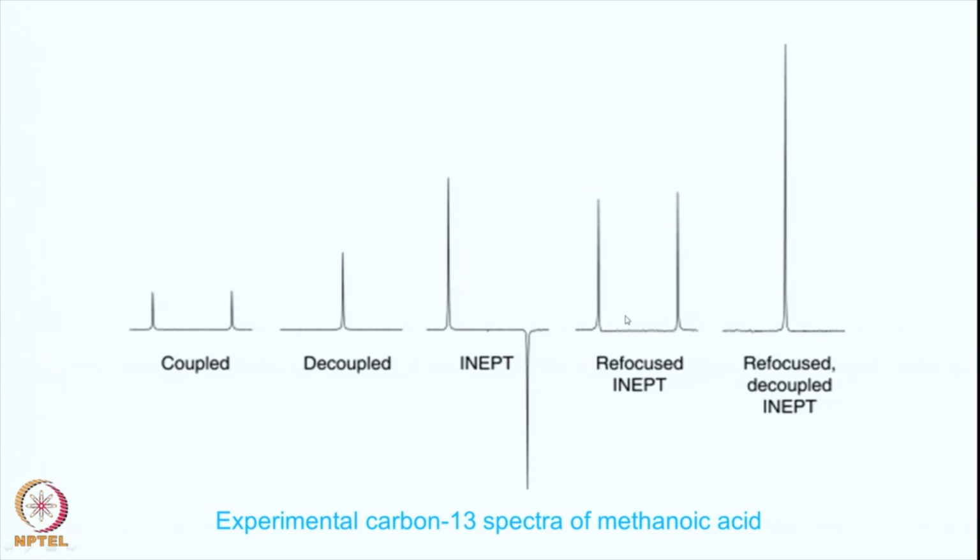Now you decouple this, so this will collapse once more here, and you have a huge signal coming here. So this is the significant advantage in the signal to noise ratio through this refocused decoupled INEPT experiment, and that is how this has become an extremely important technique for heteronuclear experiments.